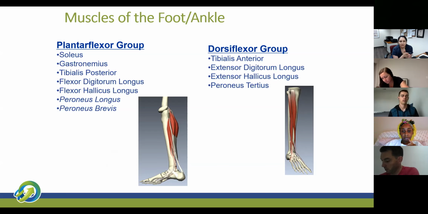The fibularis muscles, the longus and the brevis, or peroneus. Yes. And then there are 3 more. Tibialis posterior. And then there's the flexor digitorum longus and the flexor hallucis longus. Okay, that plantar flexor group has inverters and everters in there as well, so it's a combination.